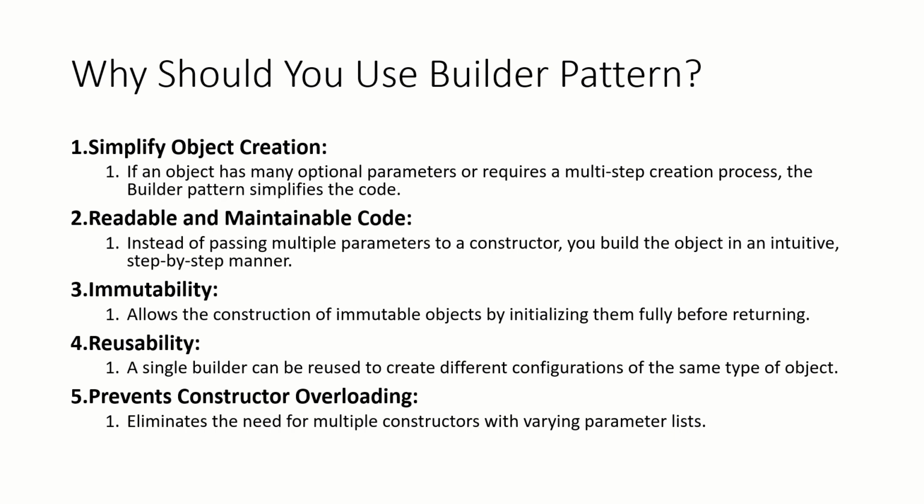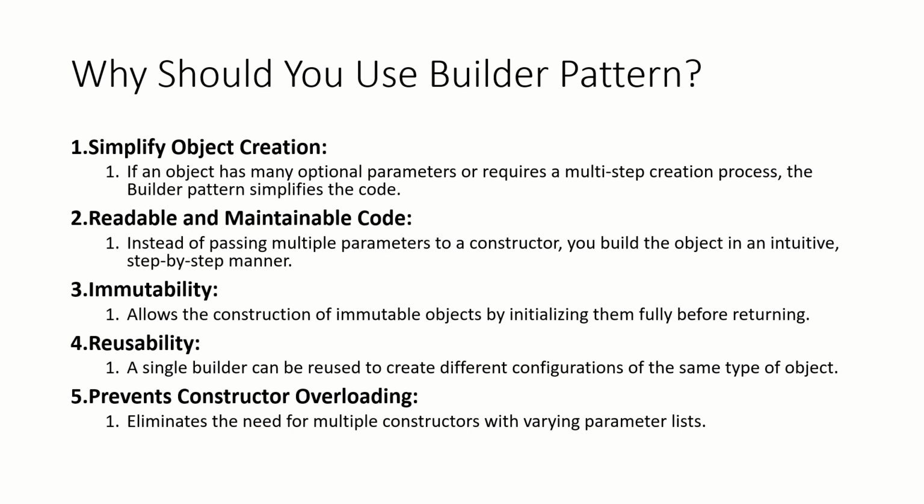The third one is immutability. It allows the construction of immutable objects by initializing them fully before returning them. So you can make your object immutable as well using this. Now the fourth one is reusability. A single builder can be reused to create different configurations of the same type of object.